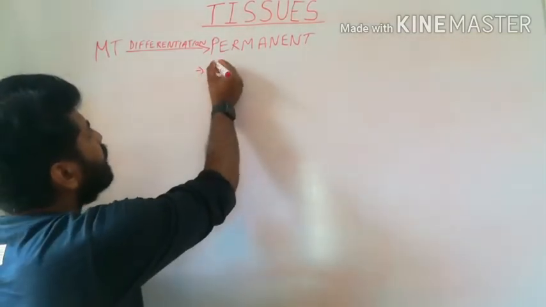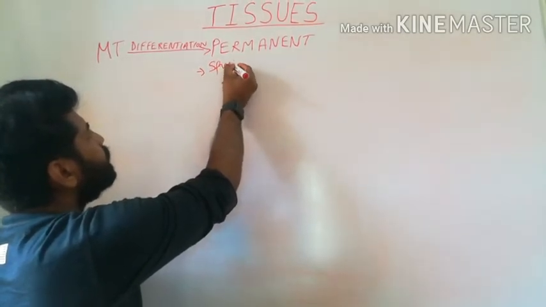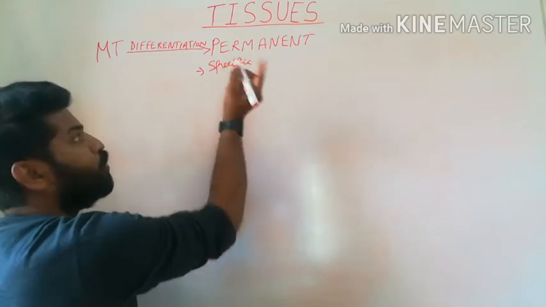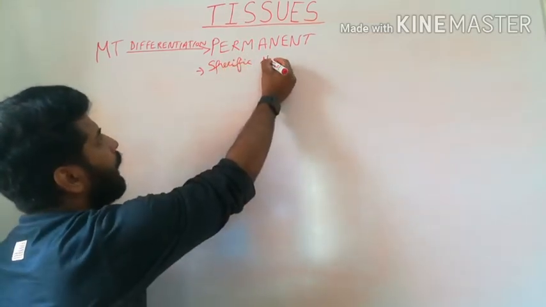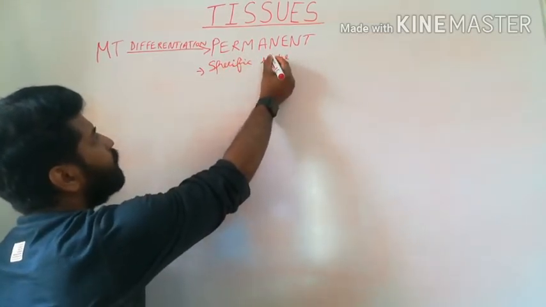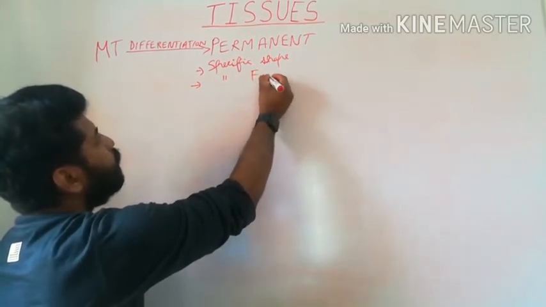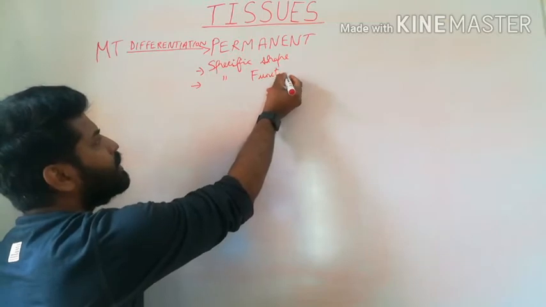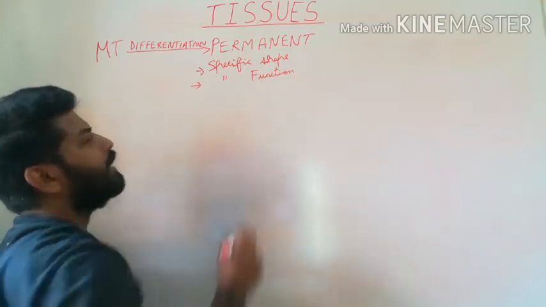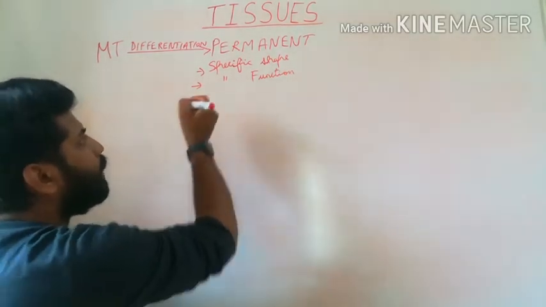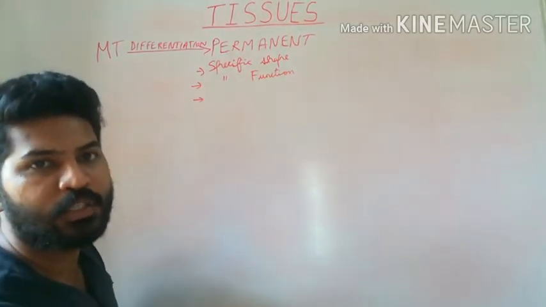They have a specific shape which meristematic cells do not have, and they have a specific role to play, meaning they have a specific function. Meristematic tissue does not have any function. It keeps on dividing.